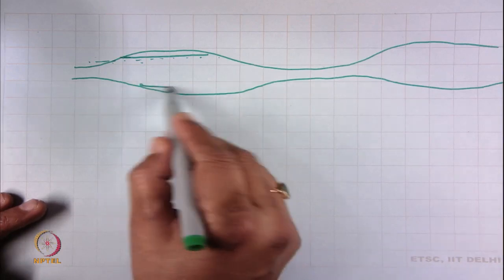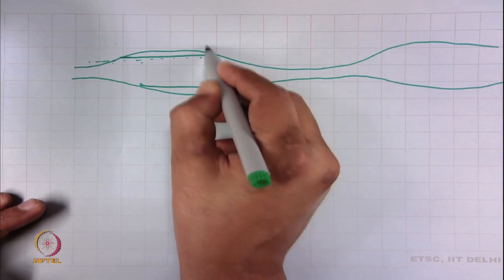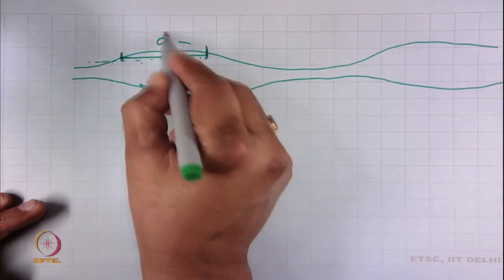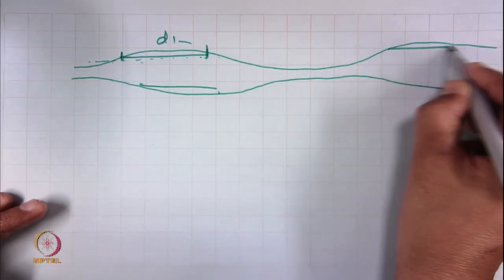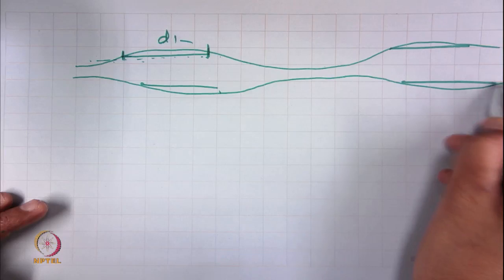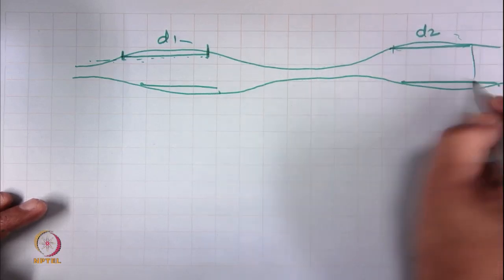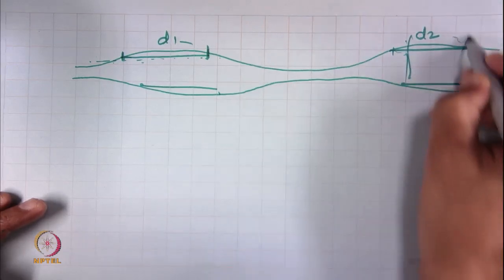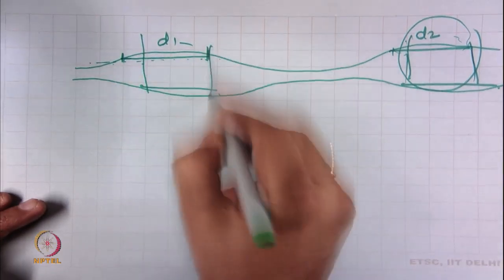This length is mean plus 50% and above. So, this length is actually measured, this is D1. Another portion here, this length D2, this length is having mass plus 50%.